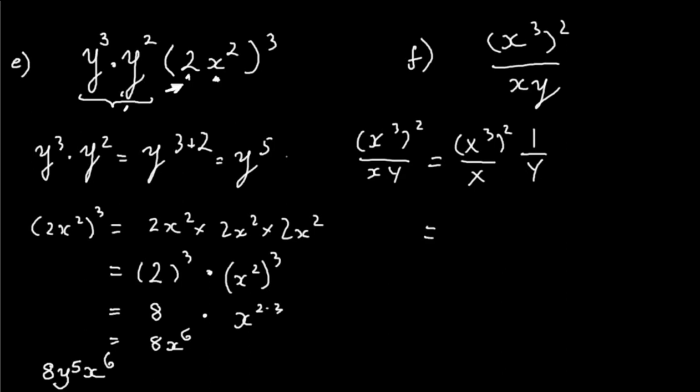And we can then evaluate our expression in the brackets, and so we'll use our third index law, which would give us x to the 6 over x, times 1 over y. And then we'll use our second index law for this one, which gives us x to the 5 over y.